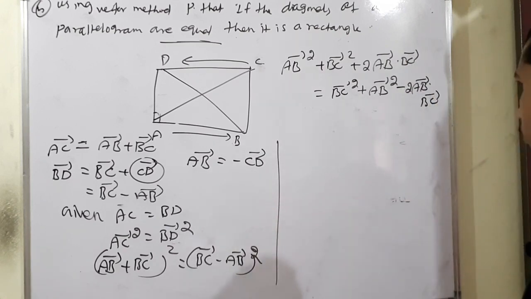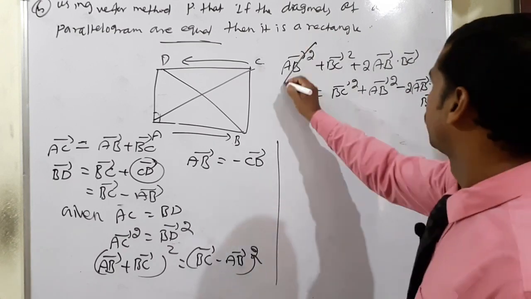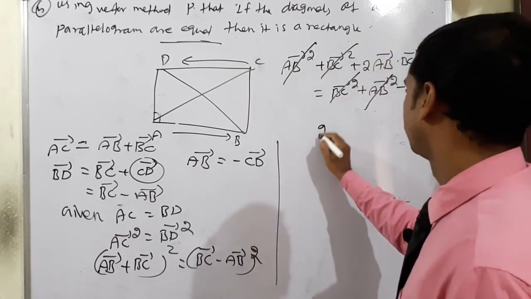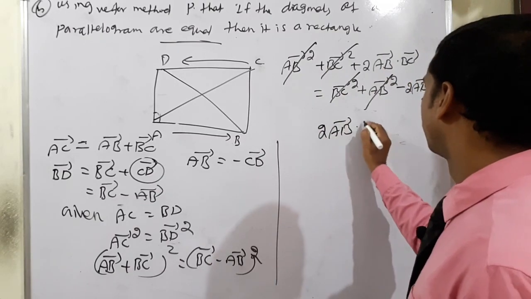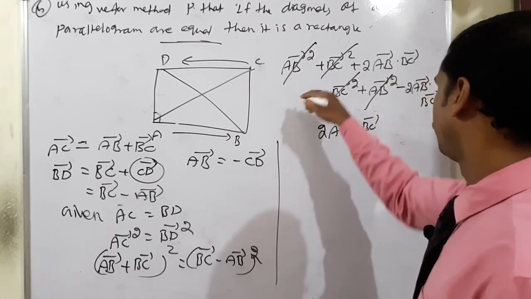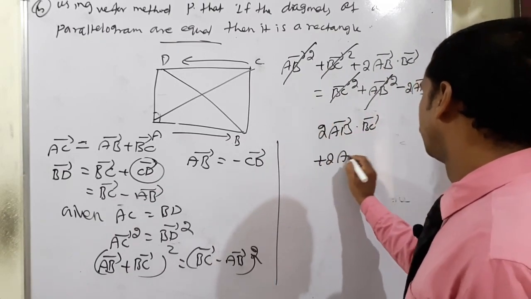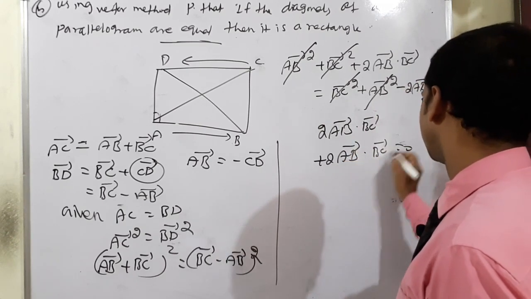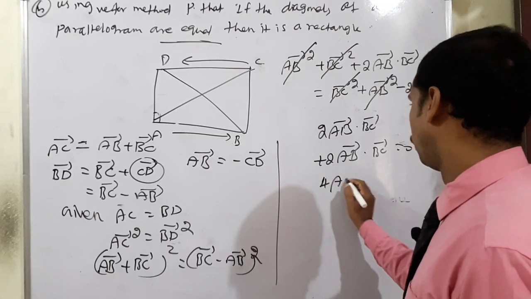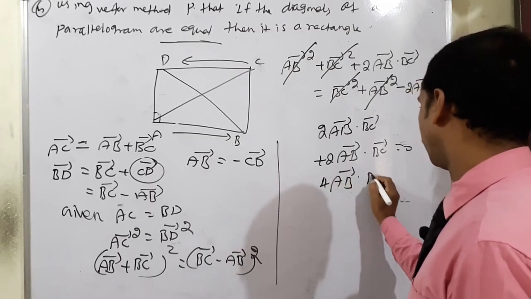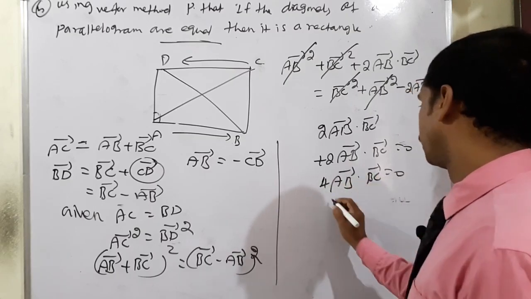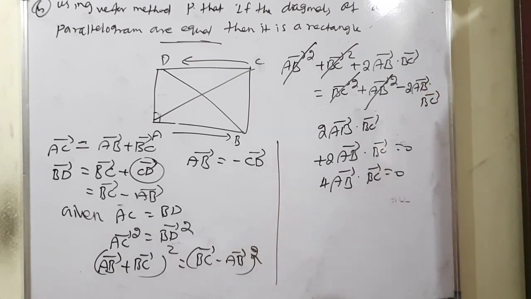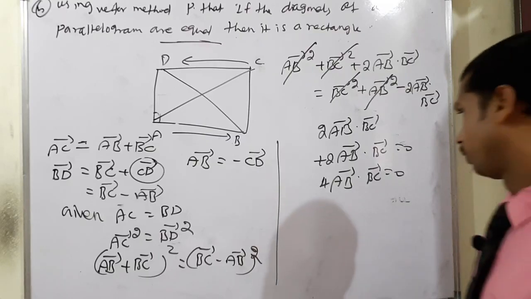There AB vector square and BC vector square cancel, remaining 2 AB vector dot BC vector. Bringing the negative term to the opposite side, plus 2 AB vector dot BC vector is equal to 0. Therefore 4 AB vector dot BC vector is equal to 0. Bringing 4 to the opposite side means 0 divided by 4, and 0 divided by anything gives 0.